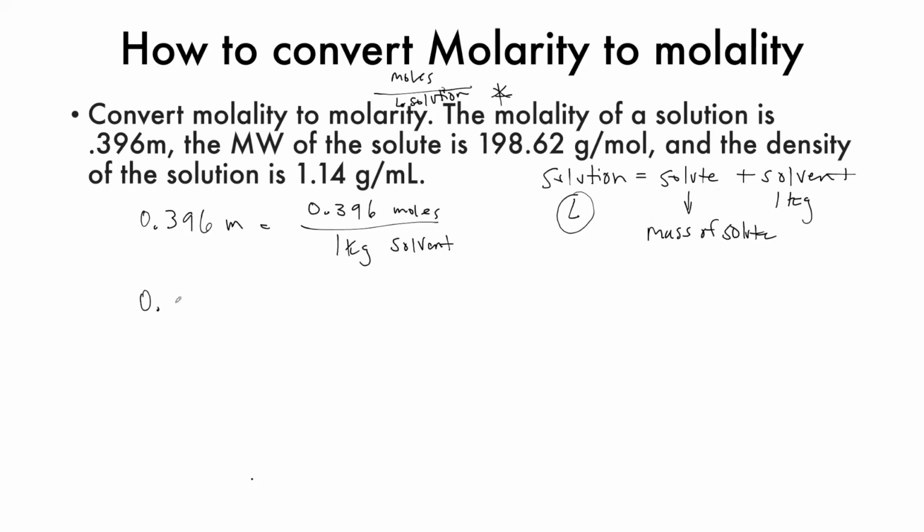So if we take 0.396 moles, and we're going to multiply this by our molecular weight, so we have 198.62 grams per mole.